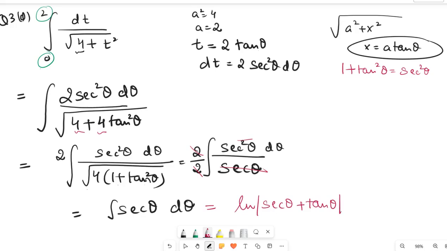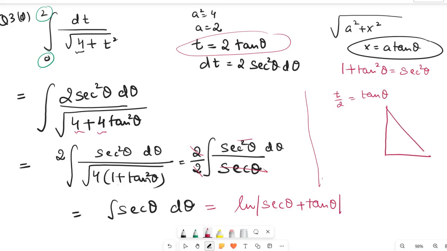We're almost done, but we have to put it back in the form of t. So t by 2 is equal to tangent theta. If we see it in the right angle format, this will be t and this will be 2, because tangent is opposite by adjacent. Using your Pythagorean identity, the hypotenuse would be square root of t squared plus 4.